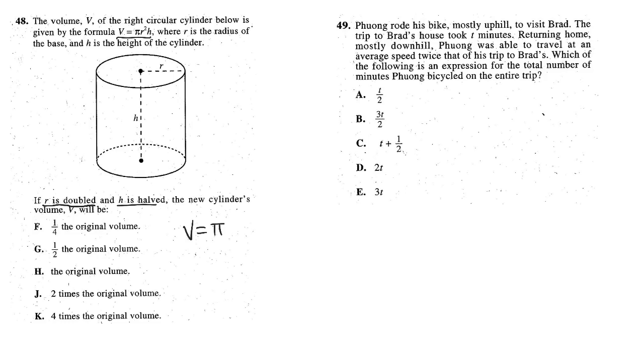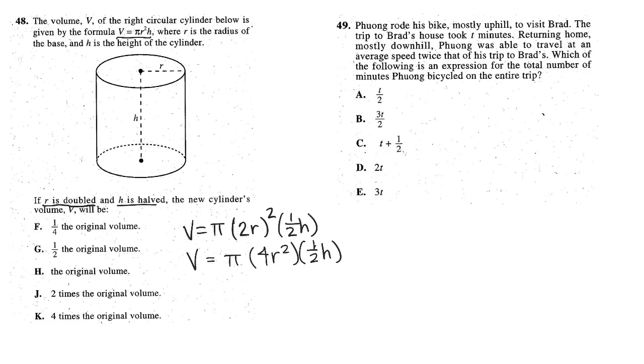Pi is going to stay pi, but for R we are going to double that, and that squares from the formula, and we are going to take half of the height.